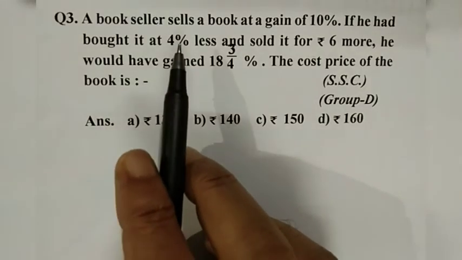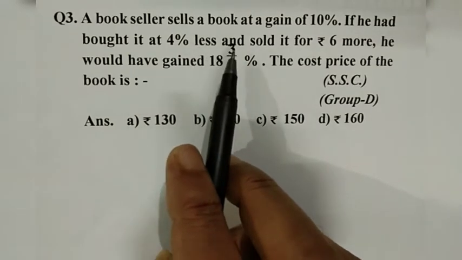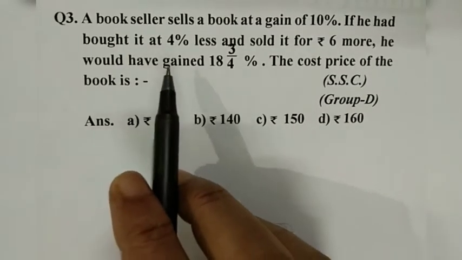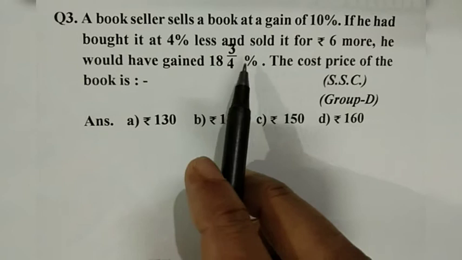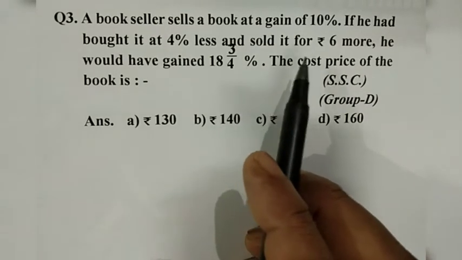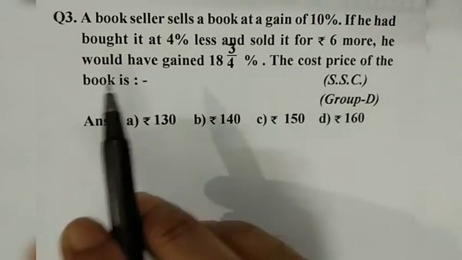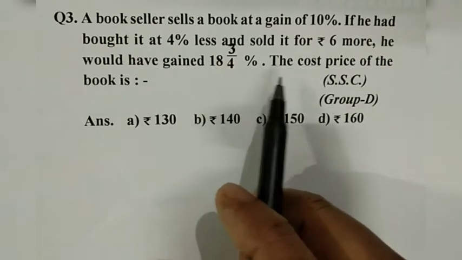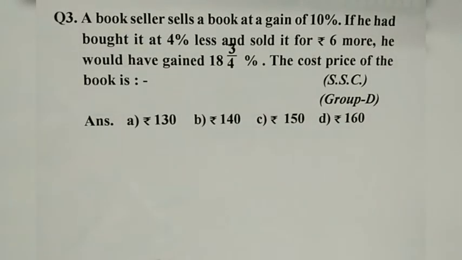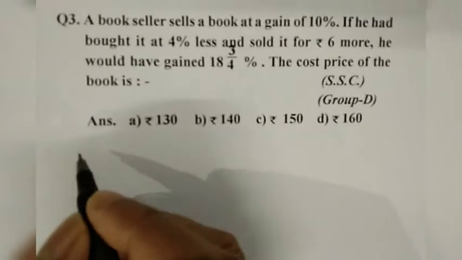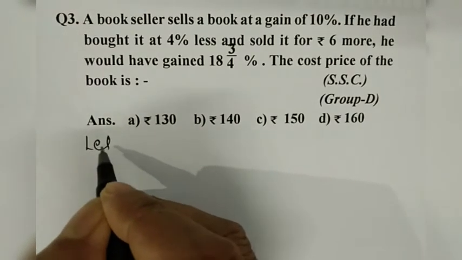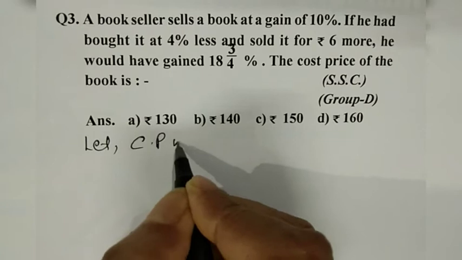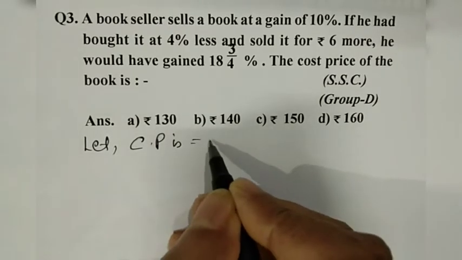A bookseller sells a book at a gain of 10%. If he had bought it at 4% less and sold it for rupees 6 more, he would have gained 18 and 3 by 4%. The cost price of the book is? Here let the cost price be 100x.